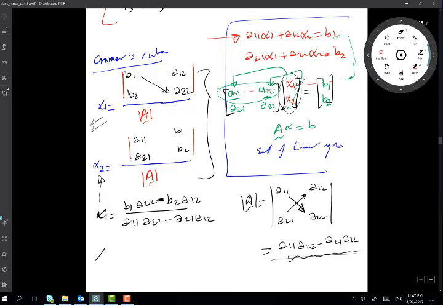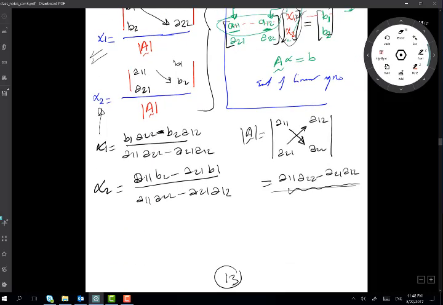And then for x2 at the top, I get a different value: a11 b2 minus a21 b1, and underneath the same for all my unknowns, the same determinant, a11 a22 minus a21 a12. So this will give me the solution of my equations. This is the solution, right?